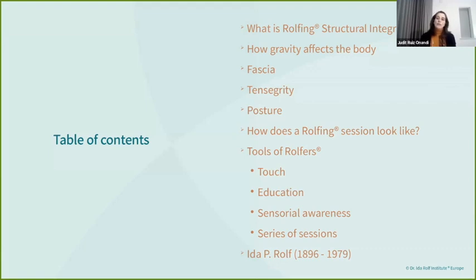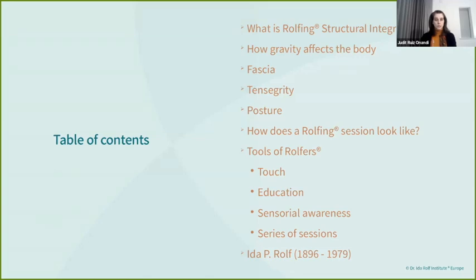So she started developing her method, structural integration, later known as Rolfing. She started teaching it as days and workshops to chiropractors and osteopaths. Soon she realized that they were taking her point of view as a set of techniques instead of a different point of view from theirs.